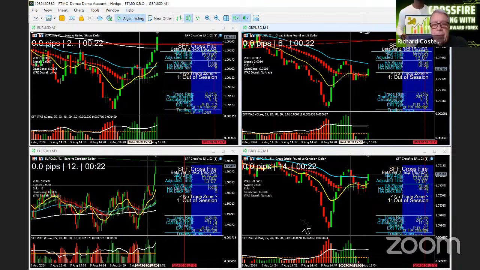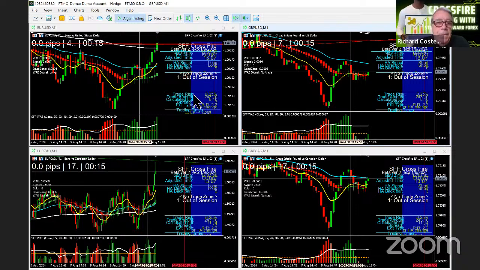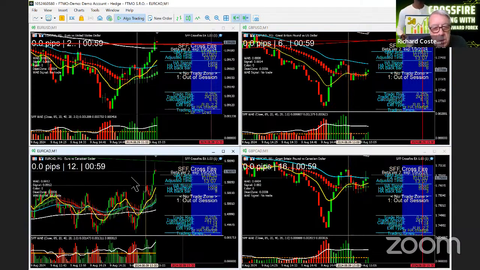That's something that doesn't happen every day. Because of that, I'm looking at these four charts. If I'm going to get into a Euro USD, I probably don't want to get into a Euro CAD at the same time, because they're both going to go the same way. As it happens, they're both going upwards. So if I get in for a buy, I've got two chances of winning, but I've also got two chances of losing.